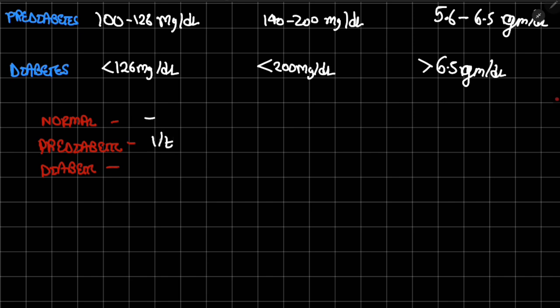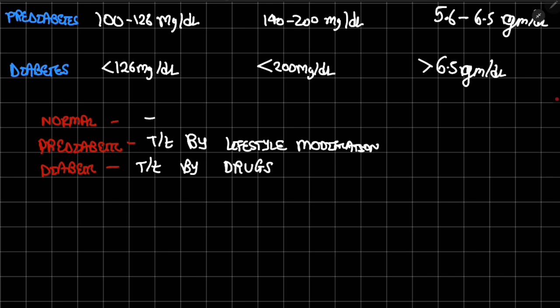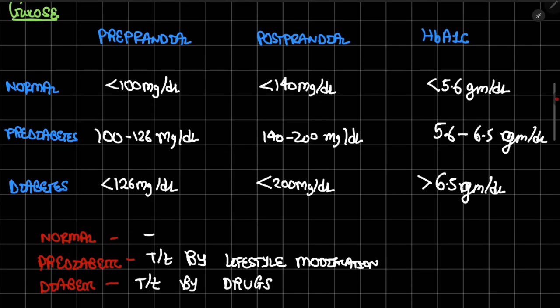Pre-diabetic is treated by lifestyle modification. And diabetic, of course, is treated by drugs. So these were the normal glucose, pre-diabetes and diabetes glucose ranges.